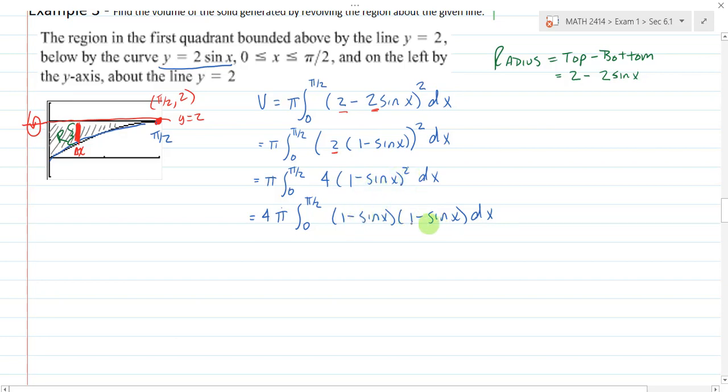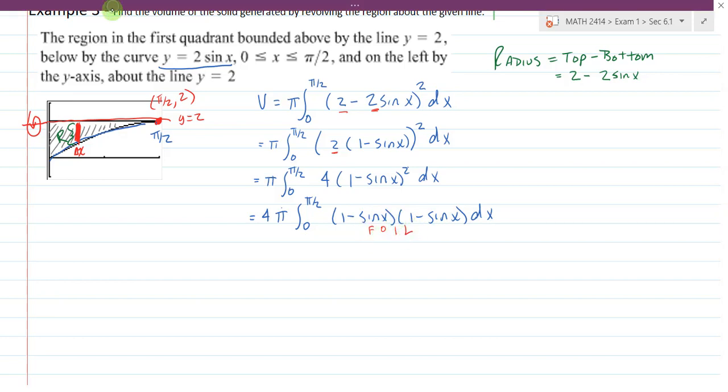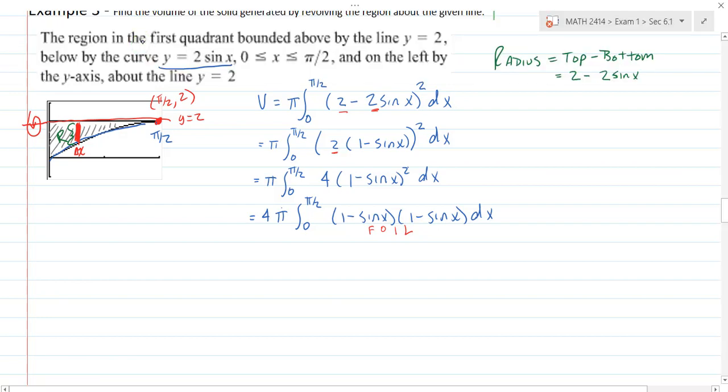And when you square something, what you're doing is you're multiplying it by itself. So in order to simplify this, we need to FOIL out that expression in the integrand. So I'm going to move over here to give me some more room, and this is going to be 4 pi times the integral from 0 to pi over 2 of 1 minus 2 sine x plus sine squared x dx.